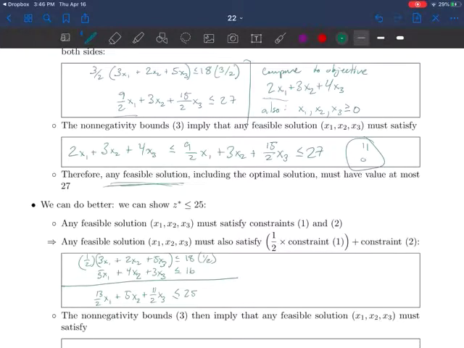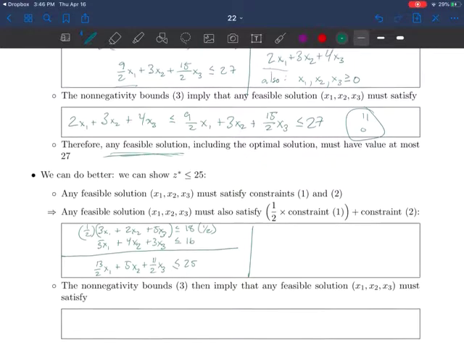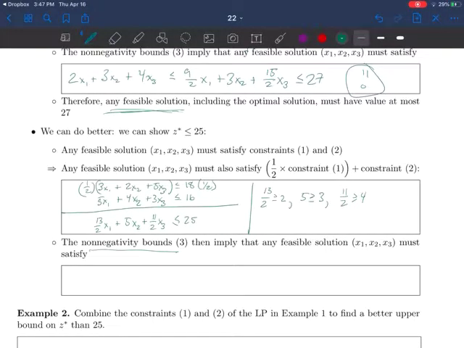Okay, again, when I compare this to the objective, I see that each of these coefficients in front of x1, x2, and x3 is greater than or equal to the corresponding objective coefficient. So 13 halves is greater or equal to 2, 5 is greater or equal to 3, and 11 halves is greater or equal to 4.